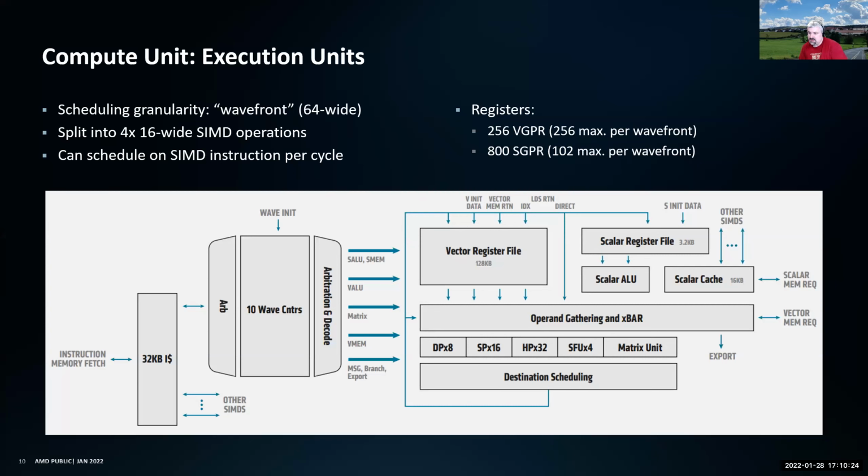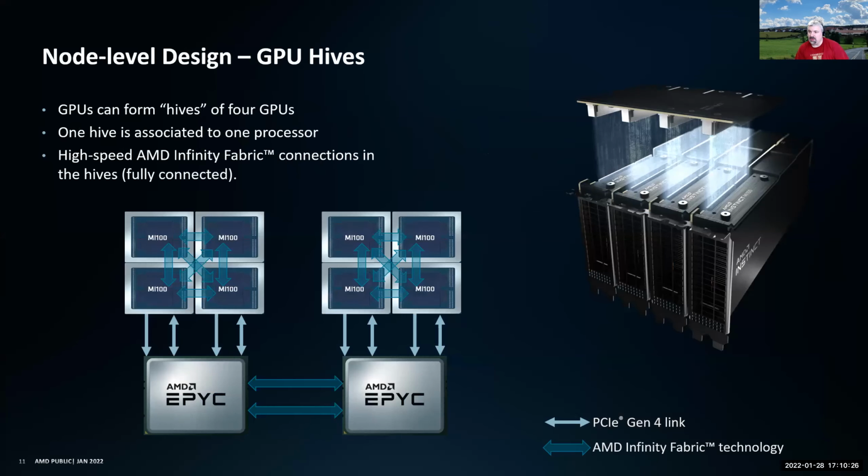All right, I already said that we do have a whole bunch of interconnects. So this is one design for how you can build a node with 8 GPUs in an HPC system. You have 2 of those EPYC processors to run the operating system and the regular multi-threading. Each of them is then connected to one of 4 GPUs. In this case, it's MI100, but we also have the same design for MI210.